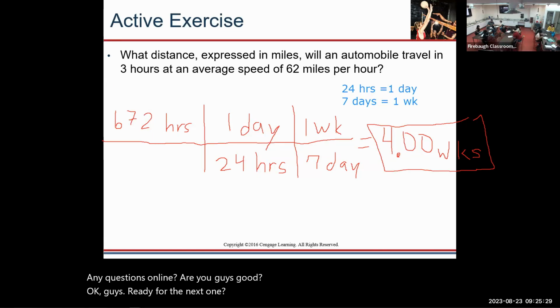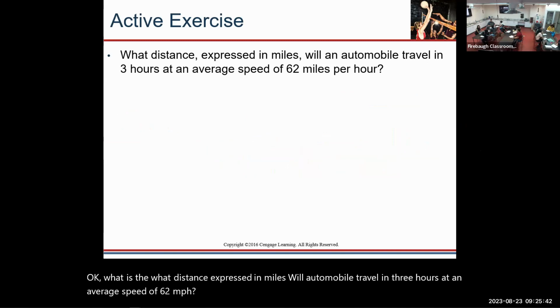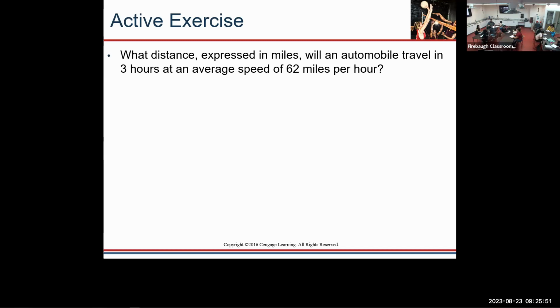Okay, what distance expressed in miles will an automobile travel in 3 hours at an average speed of 62 miles per hour? Okay, what are we gonna do? What's my starting point?